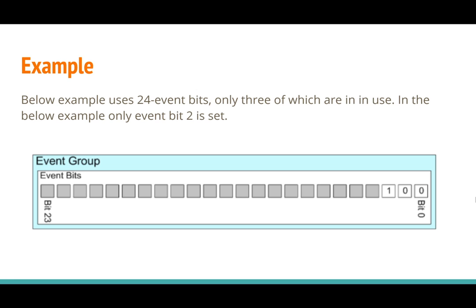So this is an example of an event group situation. In this example, we are using 24 event bits. So you have 24 different events in this application, where only three of the events are in use. And in this example, we can see that only bit 2 is set.